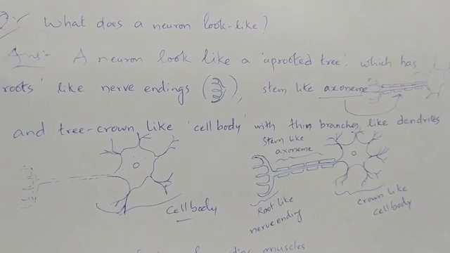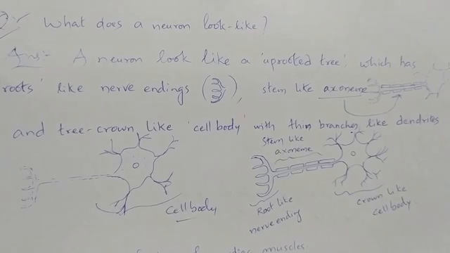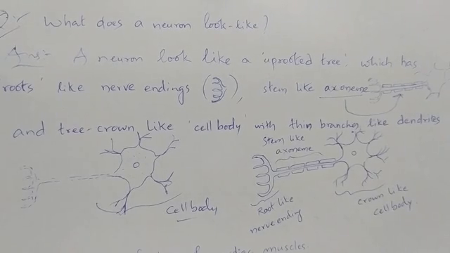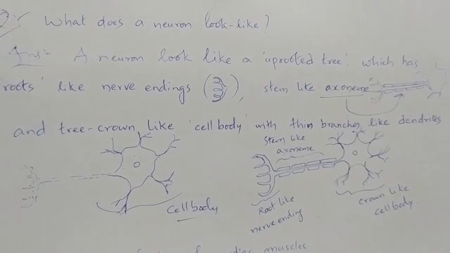With all these 3 structures, how does a neuron look? Each part of the neuron resembles one particular structure, and in total the neuron looks like an uprooted tree.